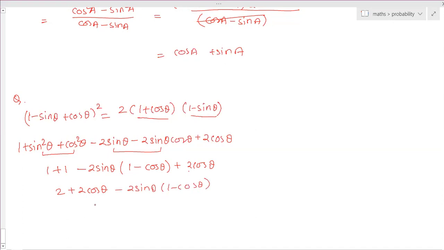That will not work. It is taken minus, so it is plus. Then take 2 common. 1 plus cos theta minus 2 sine theta into 1 plus cos theta. Then these brackets are same. So 1 plus cos theta into second bracket 2 minus 2 sine theta. Take 2 common.